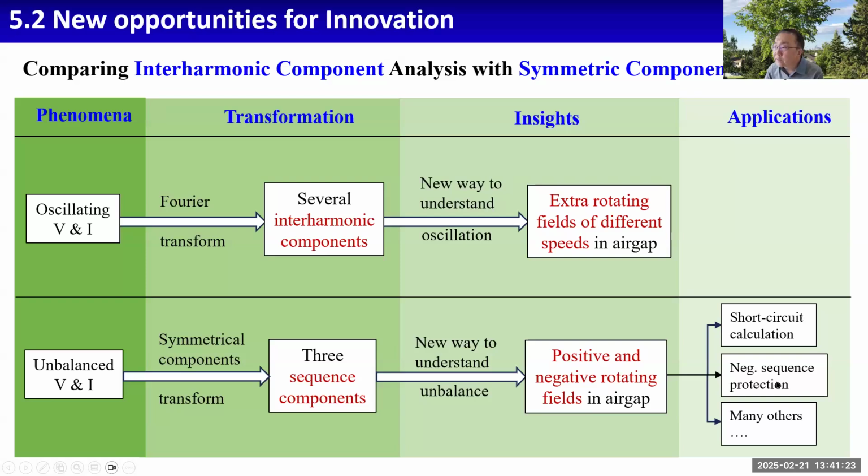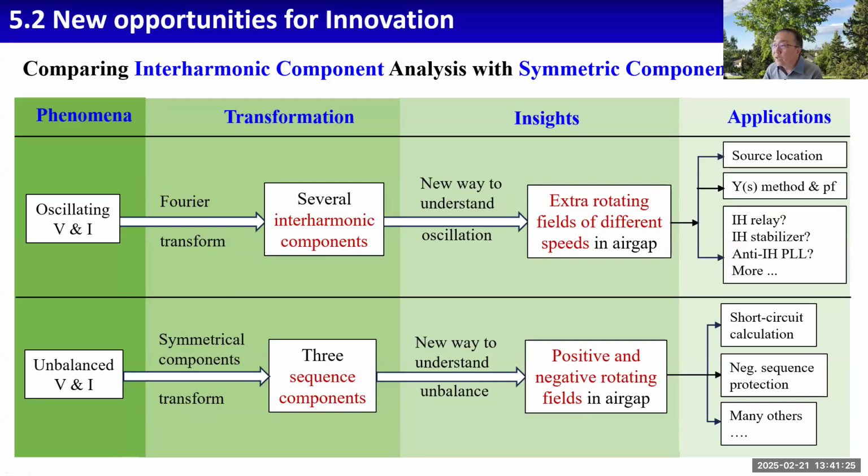So with this new approach, we can develop a number of methods, like source location, which has been developed. We can develop stability analysis and participation factors. Now, how about the interharmonic relay, interharmonic stabilizer, etc.? There are lots of opportunities to innovate.